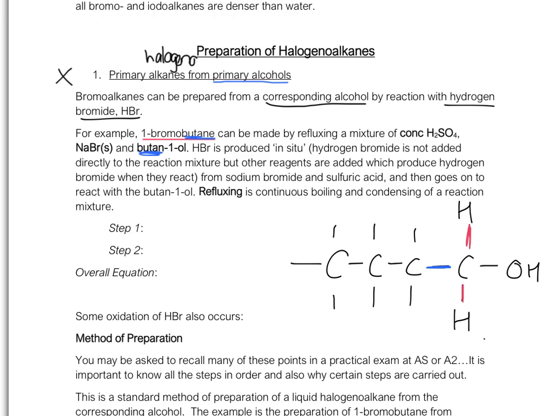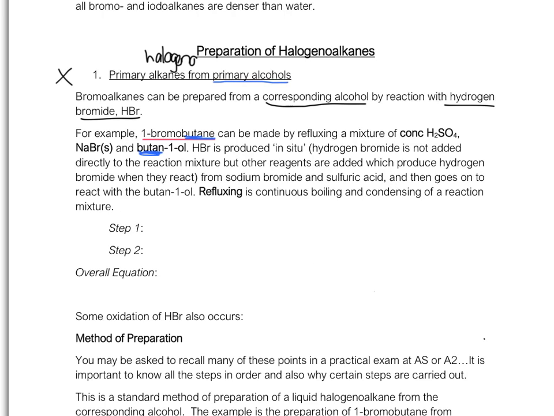Because it's only bonded to one other carbon atom, we call this a primary alcohol, just in the same way as we named the structure of our halogenoalkanes. So that's what we're working with first of all, butanol, the corresponding alcohol because we want to make bromobutane.